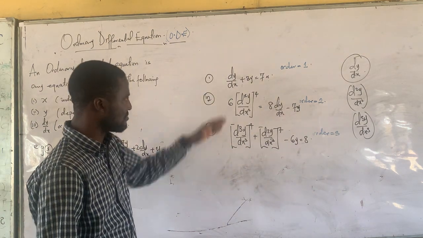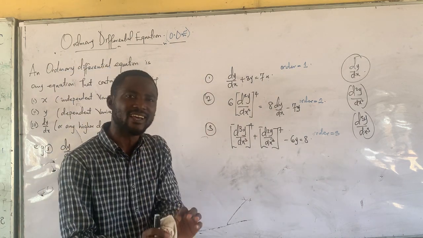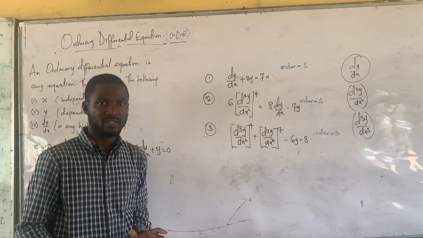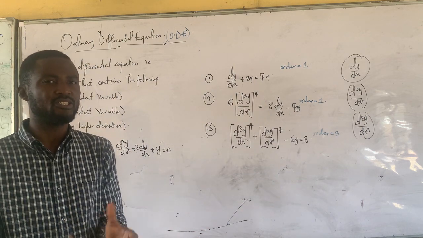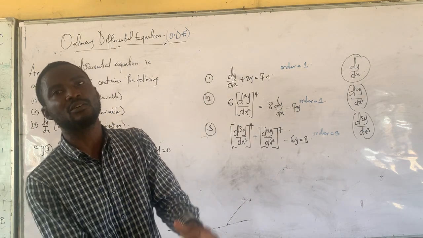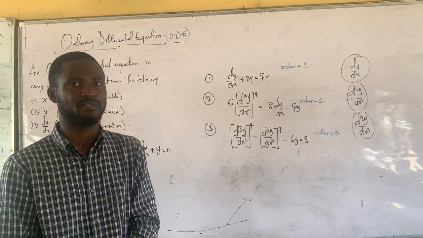So like I said, in summary, the order of any differential equation is the highest derivative you can find in that differential equation. That now leads us to what is a degree. Because I said the other time that without a proper understanding of what the order is, you cannot get the degree of that differential equation.